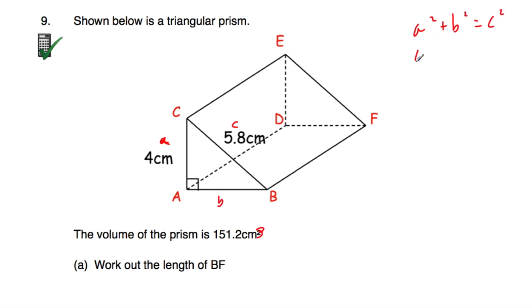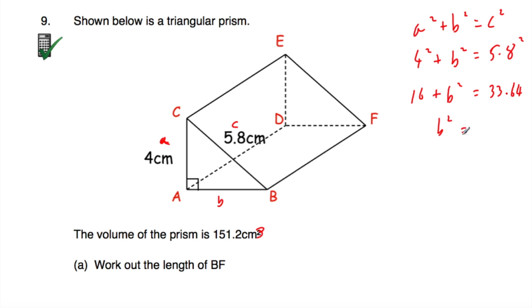A squared is 4 squared, plus B squared, which is what we're trying to find, is equal to C squared, so that'll be 5.8 squared. So 4 squared is 16, plus B squared, is equal to 5.8 squared, which is 33.64. Now we want to find out what B squared is, so let's take away 16 from both sides of the equation.